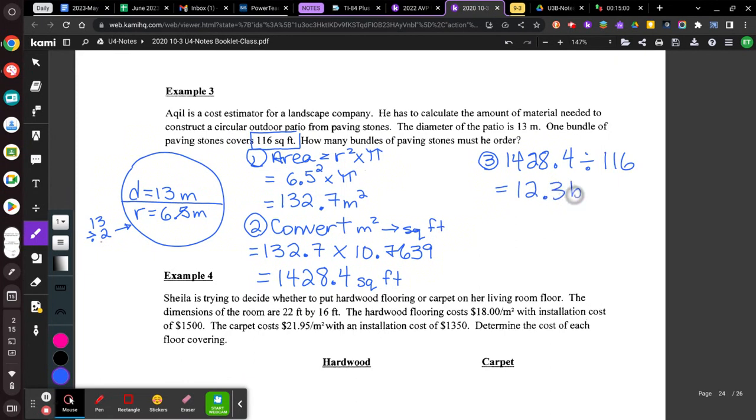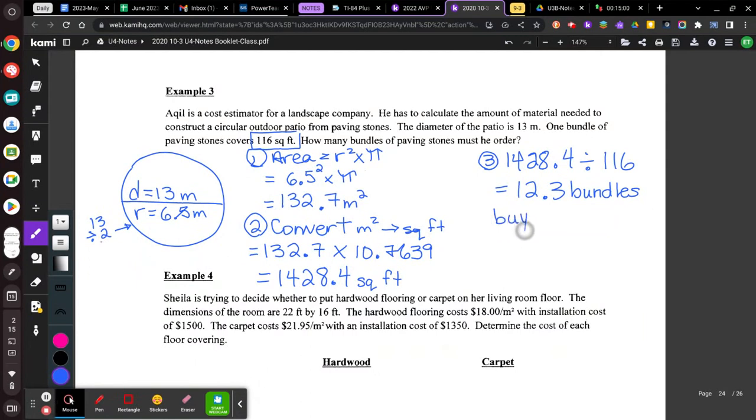12.3 bundles. Now, if you're at one of the home stores like Home Depot or Lowe's, where you get your wooden stuff, they're not going to sell you 0.3 of a bundle, so you need to buy a full bundle. So 12 bundles isn't enough.